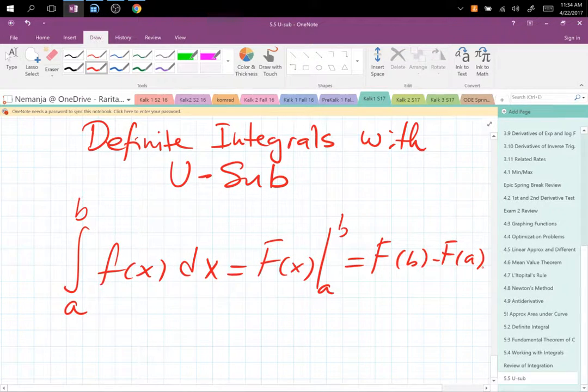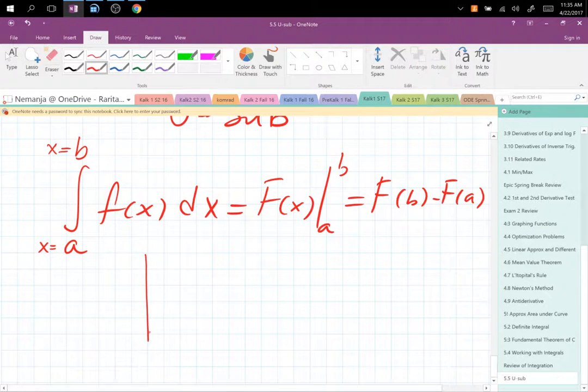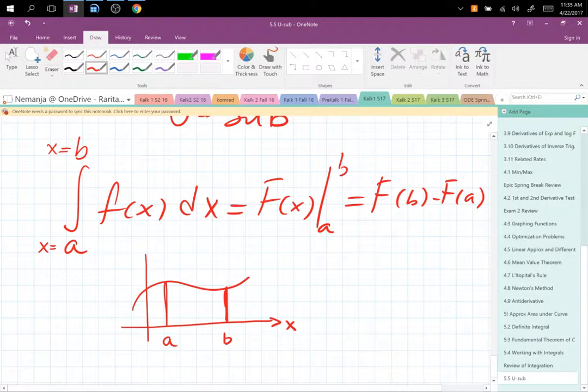The most important part for you to realize is that the limits are also x's, because the associated graph, when this represents area under the curve, both a and b are on the x-axis. You can think of them as x1 and x2. The function is f of x, and then you have dx.